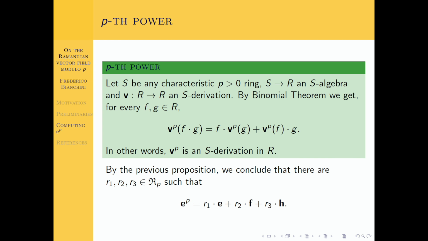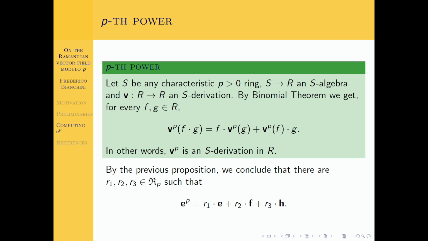For any characteristic p ring, as Hossein already talked about, for any derivation we can compose it with itself p times and we still get a derivation, because the Leibniz rule is still valid because of the binomial theorem.